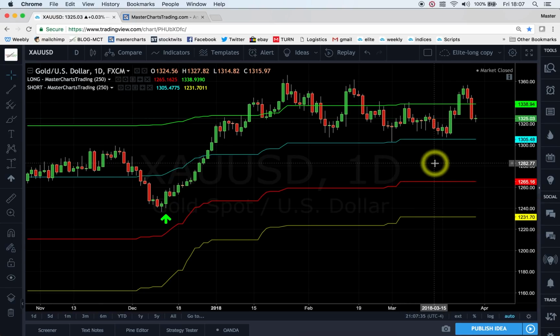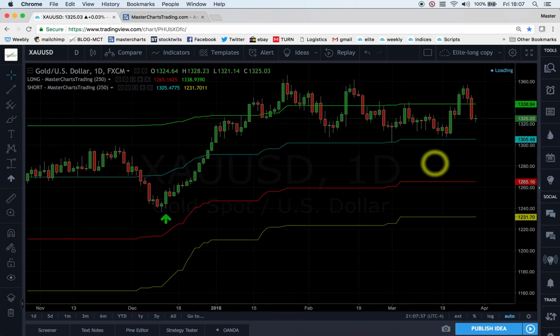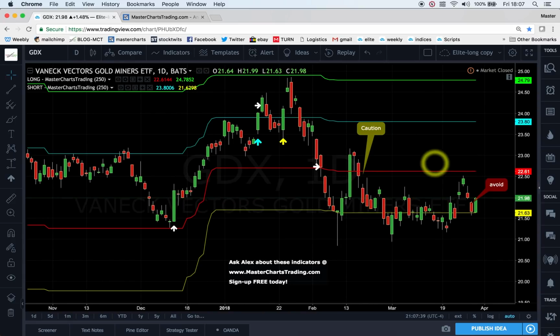What worries me about the gold market is, of course, gold miners. Here's gold miners, GDX. I don't like this chart. We closed just above this yellow line, had a big hammer, and then had a rally here.